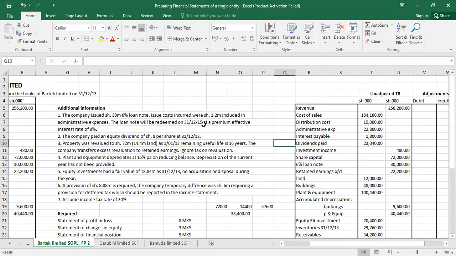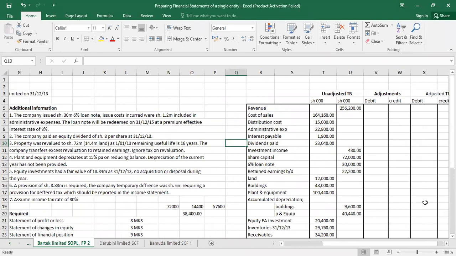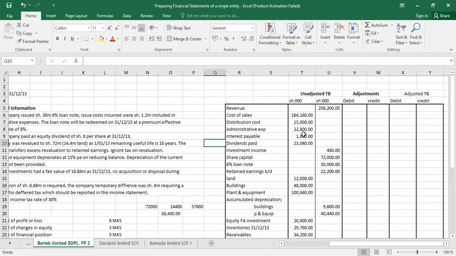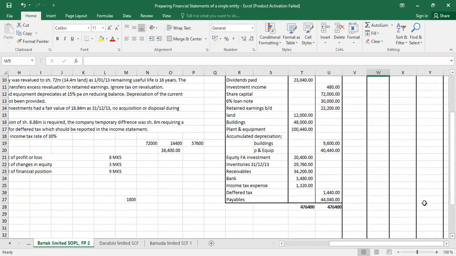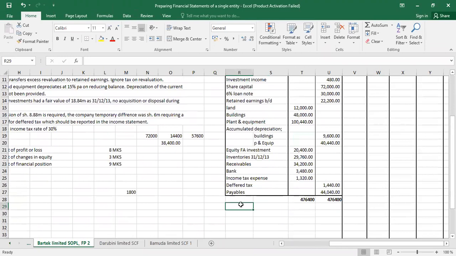Issue cost should not be included in the administrative expenses. So we'll credit administrative expenses to reduce them because it's on the debit side, they are unadjusted. So here, 1200, isn't it? And the corresponding debit entry, you can just call it issue costs.